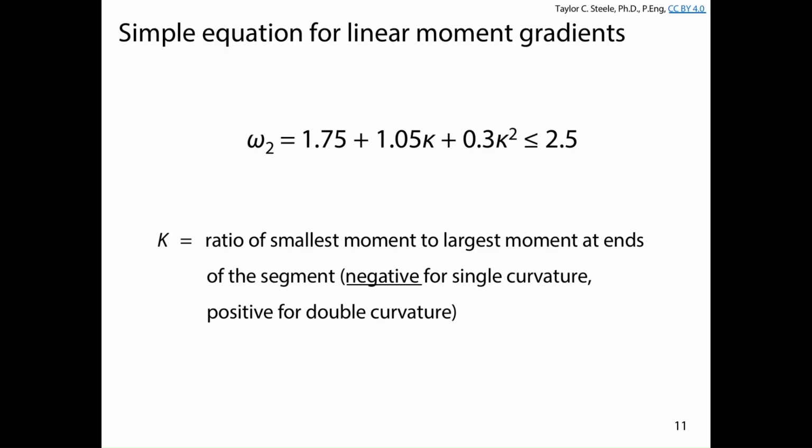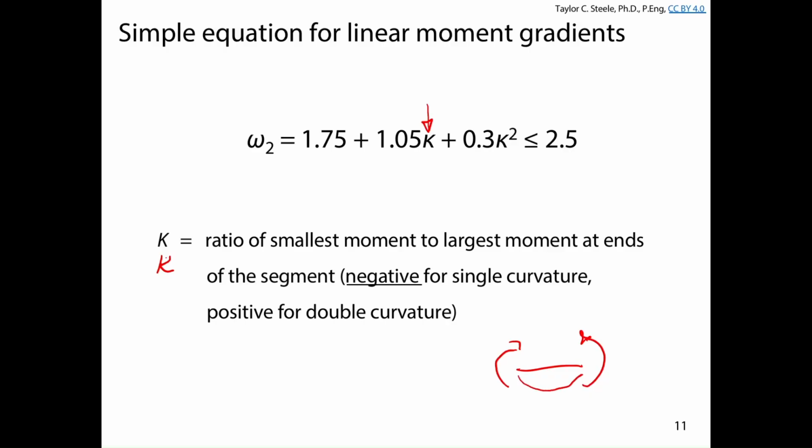And we're going to use this equation that's based on this parameter called kappa. I don't know why it's capital K here, but little kappa. The way it's described in S16 is it's the ratio of the smallest moment to the largest moment at the ends of the segment. If we have a beam that's bending in single curvature, which basically means the moments are equal and opposite directions, something like this, that's going to bend your beam like this, and that's single curvature.